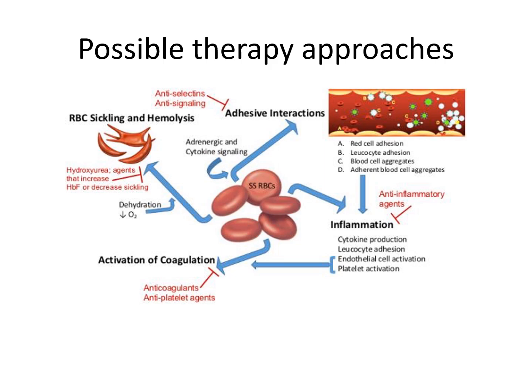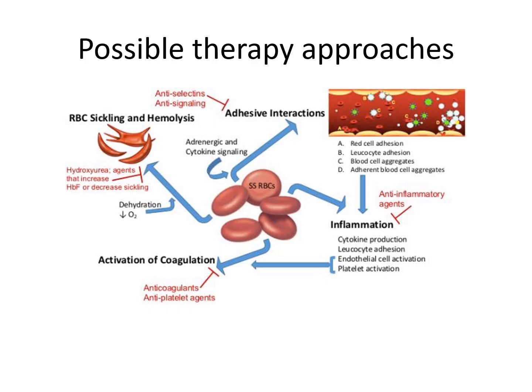Anti-selectins and anti-signaling molecules are going to impact the adhesive interactions seen in the upper side of the modified diagram. Prevention of sickling, and we have agents now that prevent deoxygenation of the red cell, and this will lead to a decrease in hemolysis.